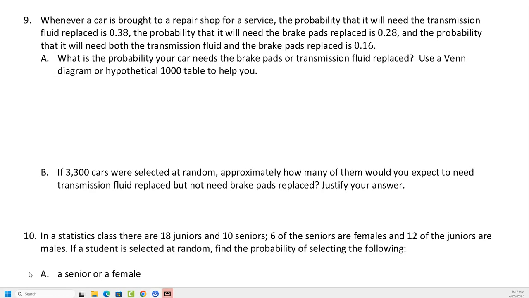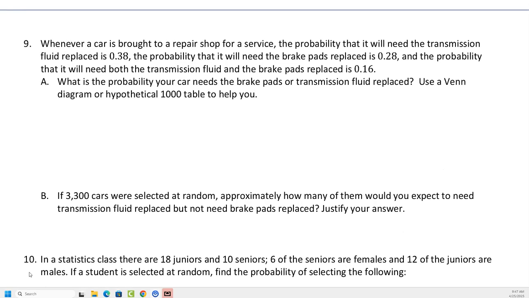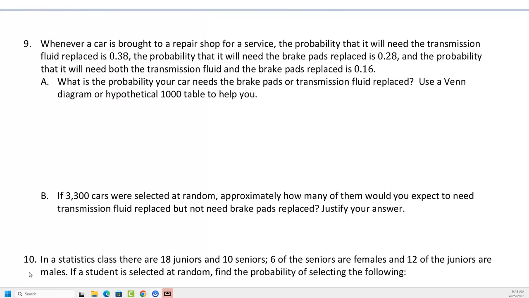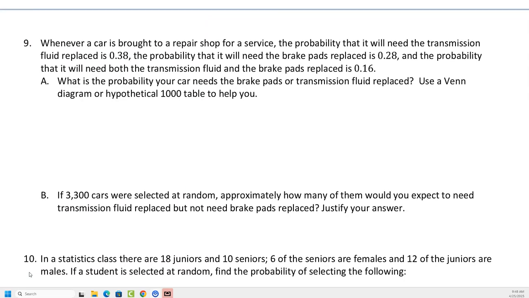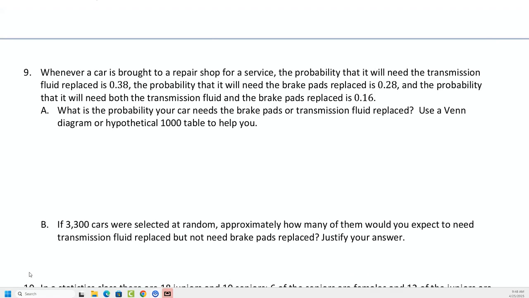So, notice for this, we don't have to use the Venn diagram or the hypothetical two-way table, okay? Don't have to, because we know this, right? It's asking, okay, let's use some letters here. Can I use B for needs brake pads?